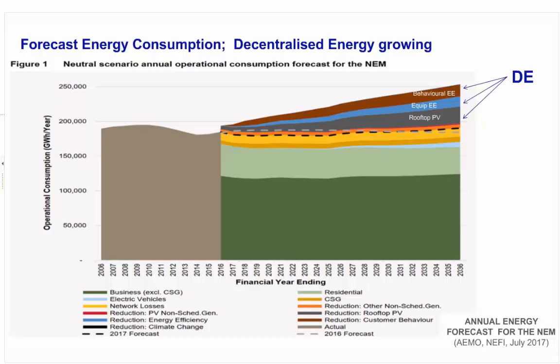And all of the underlying growth in demand for energy is being met by, in particular, three decentralized energy options: rooftop PV, improvements in the energy efficiency of equipment, and changes in behaviour, which are leading to greater efficiency of energy use.